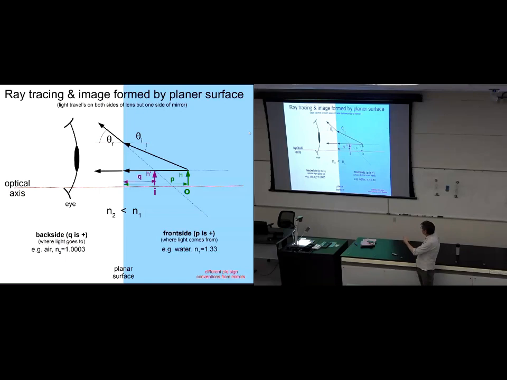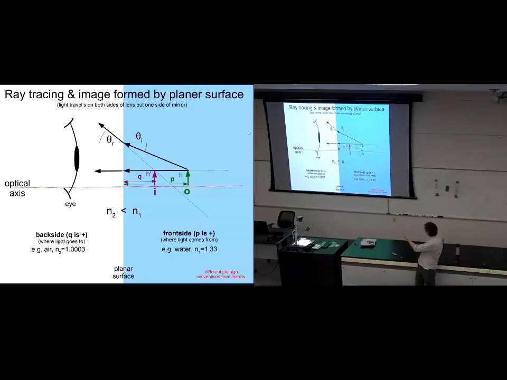My giant eye collects these rays, and of course lots of other rays. And my giant brain analyzes these rays and says, where are they all coming from? Because that's where I interpret the image to be. Well, let's trace this ray back. If I trace this ray back here, it appears to be coming from this dashed line here.